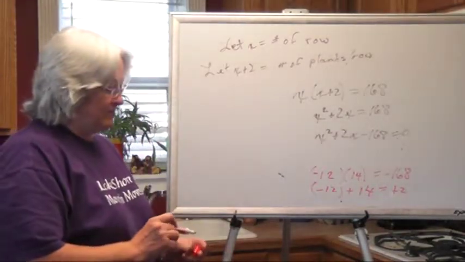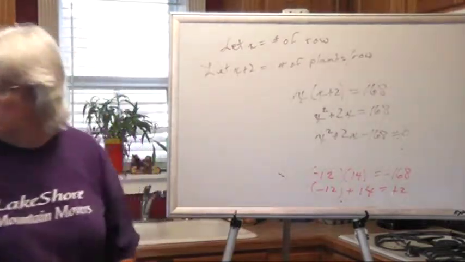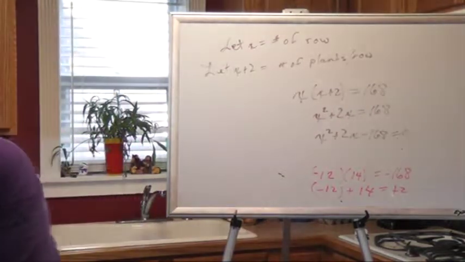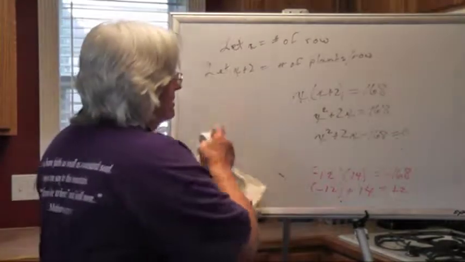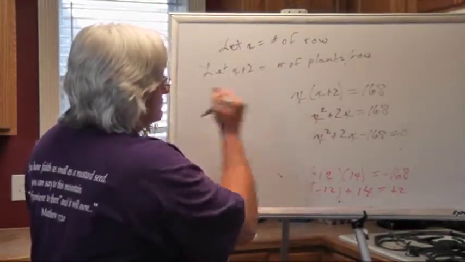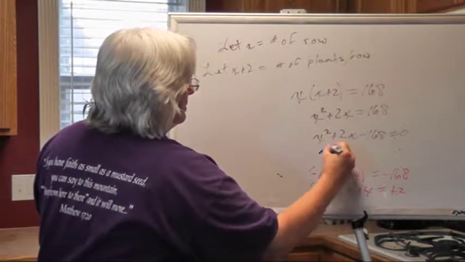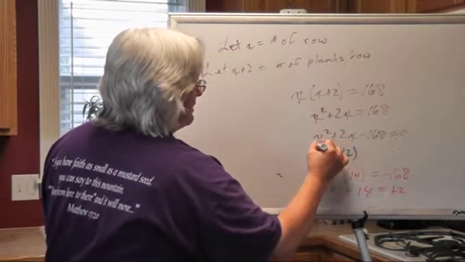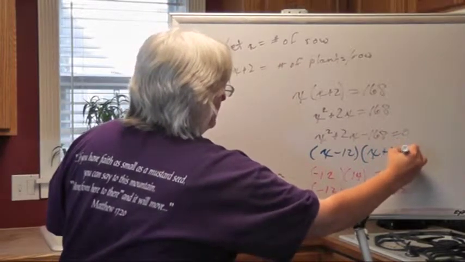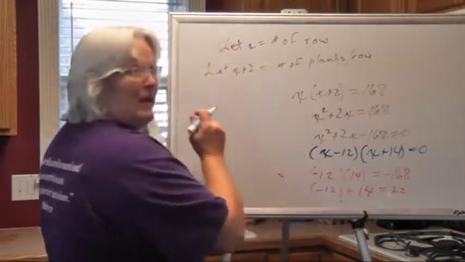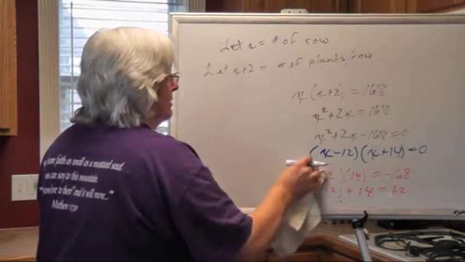But what we've ended up finding here with our factorization is this. We're going to have x minus 12 as one factor. We're going to have x plus 14 as another factor set equal to 0.